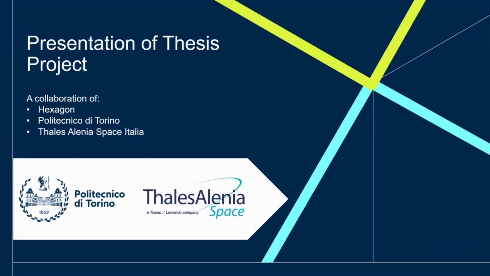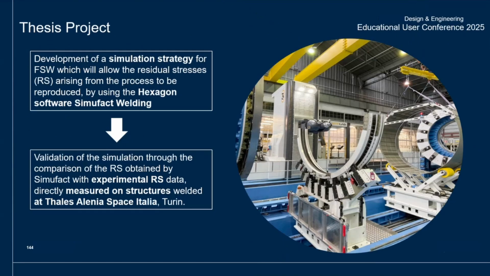Again, the thesis has been a collaboration among Hexagon company, Thales Alenia Space Italia company, and Politecnico di Torino University. And the main purpose of the project was finding a strategy to digitally simulate a particular welding technique, friction stir welding, largely used in the aerospace field.